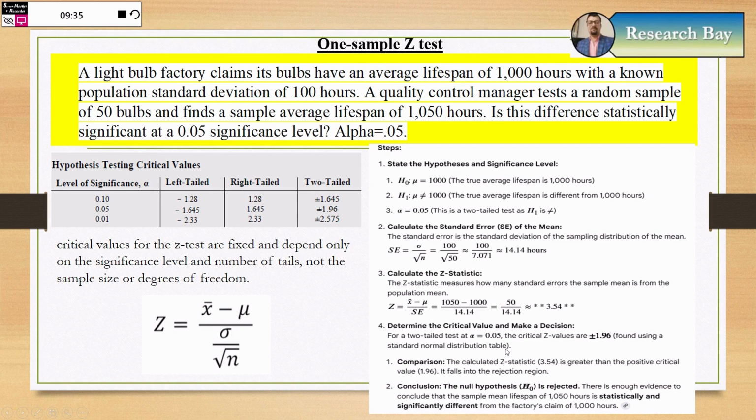That means on each side of a normally distributed curve, you have 2.5% scope of getting the extreme values.